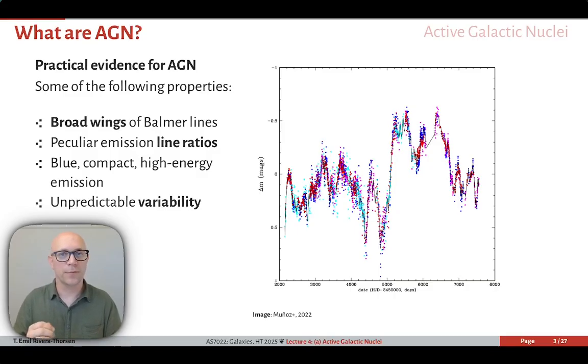But the variability of AGN is unpredictable and unperiodic because it simply depends on nearby gas being caught in the gravitational well of the black hole, being sucked into it and accreted onto the very, very hot accretion disk which is surrounding the black hole.